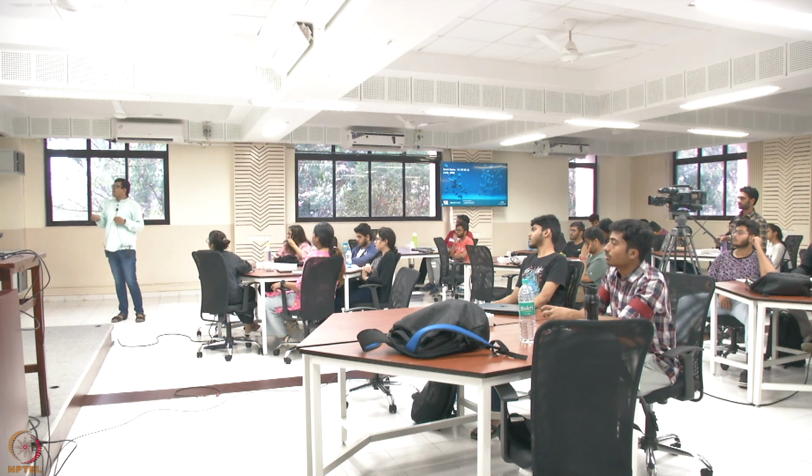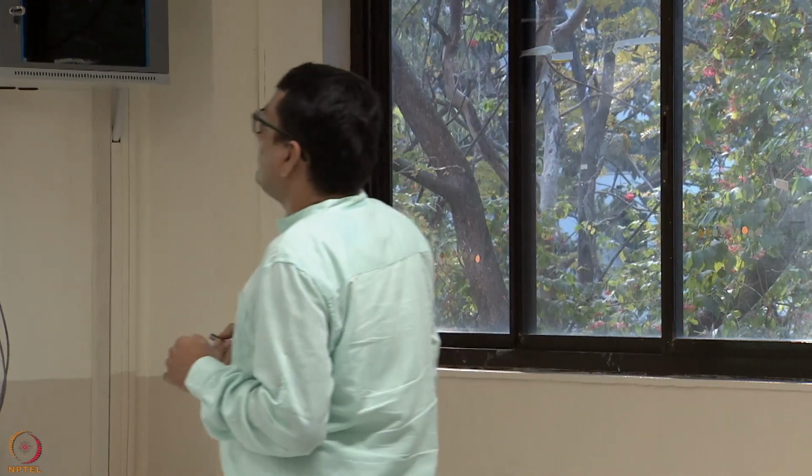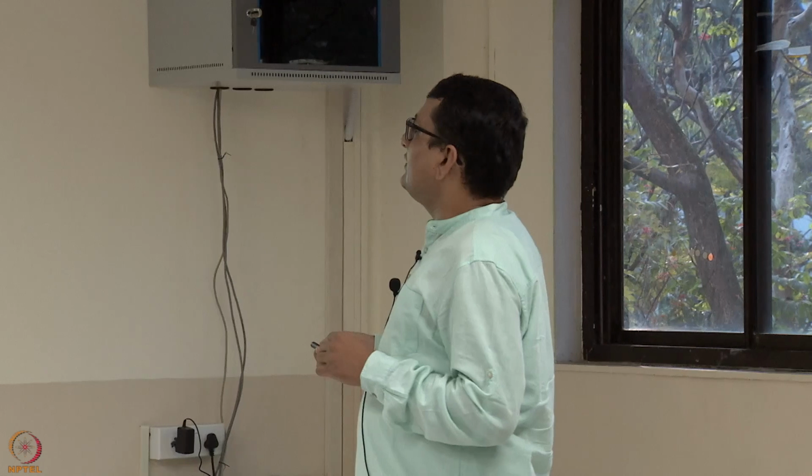So side channel is actually a security threat where it is unintended. If you have multiple parties sharing a system, in a side channel you are actually causing an information leakage where the other parties have no information about it. They are not aware of it. Is this clear? The notion of side channel and covert channel?